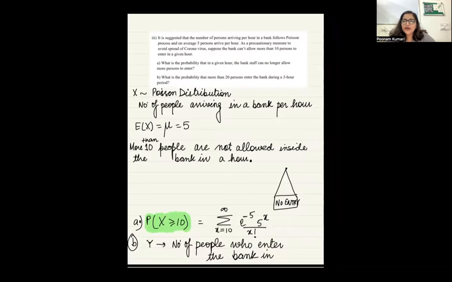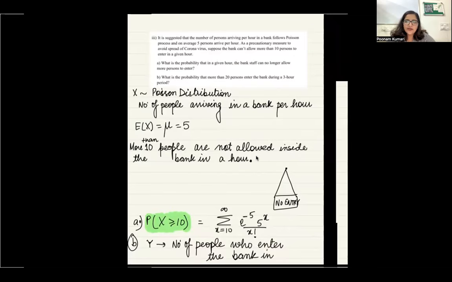So now let's see how to read the tables. So last time we did the cumulative distribution tables for binomial distribution. Similarly, you have other tables also. So let's see, statistical tables. You can check in the group.